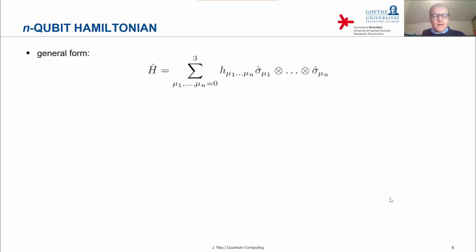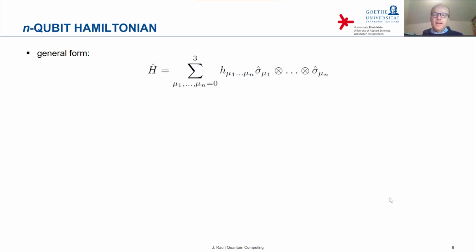So any Hermitian operator, and therefore any observable of a single qubit, can always be written as a real linear combination of the 3 Pauli operators and the unit operator.